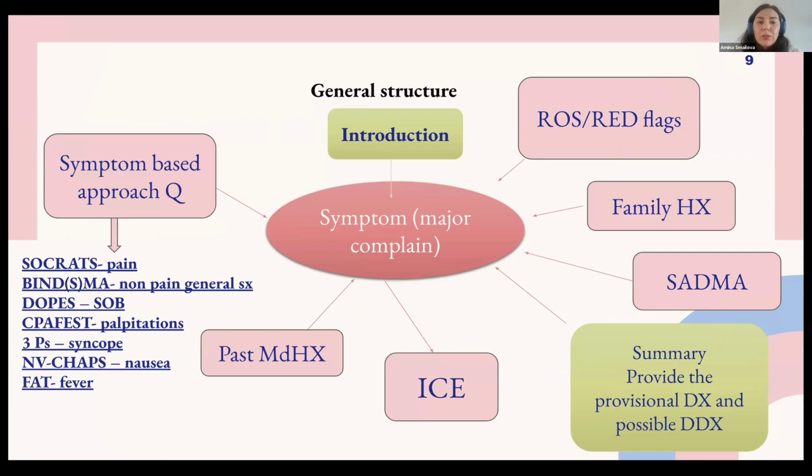So, Mr. John, from your history and from your positive findings, I'm really concerned this could be a case of myocardial infarction. I'm really sorry to tell you this, but this is quite a serious condition, and therefore we need to admit you.